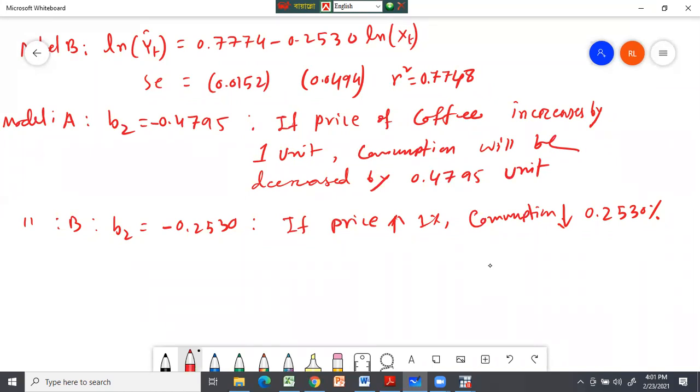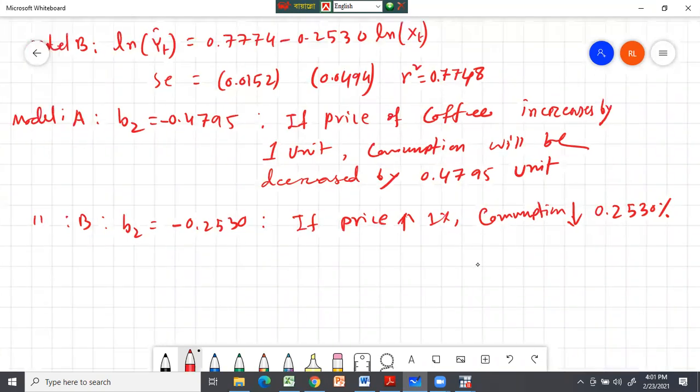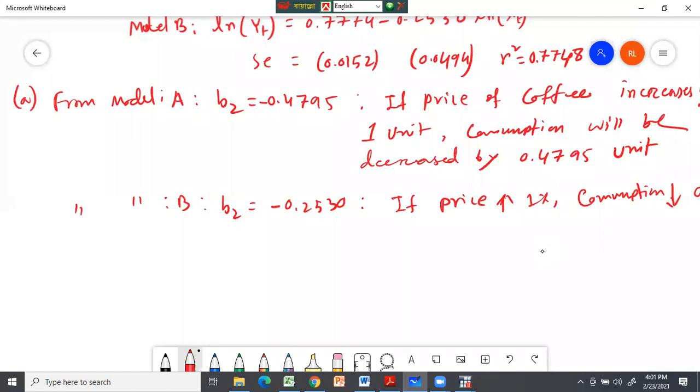Then for the second part, in part B, you are told that Y bar is equal to 2.43 and X bar is equal to 1.1.